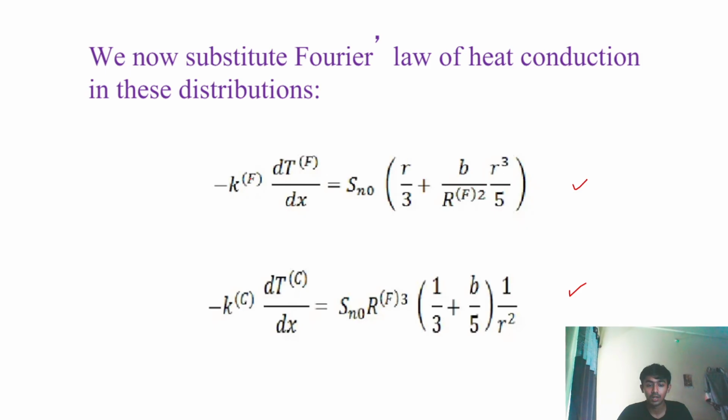Kf, the thermal conductivity of the fusionable material, times the temperature gradient with respect to r, dT/dr, which tells how much the temperature is changing, equals Sn naught plus the equation you have got, and C1 is 0. And Kc, the thermal conductivity of the cladding, times dT/dr, equals Sn naught plus Rf square, whatever value we are getting.